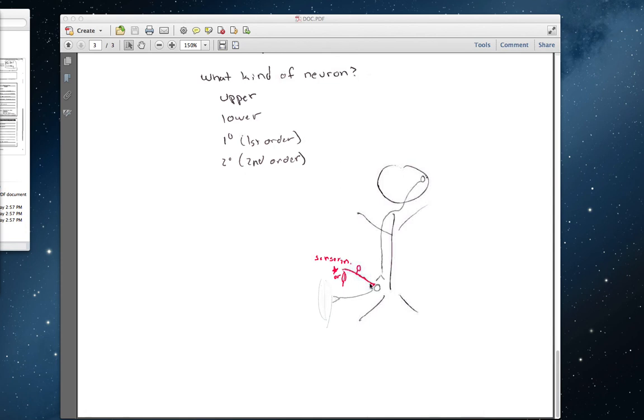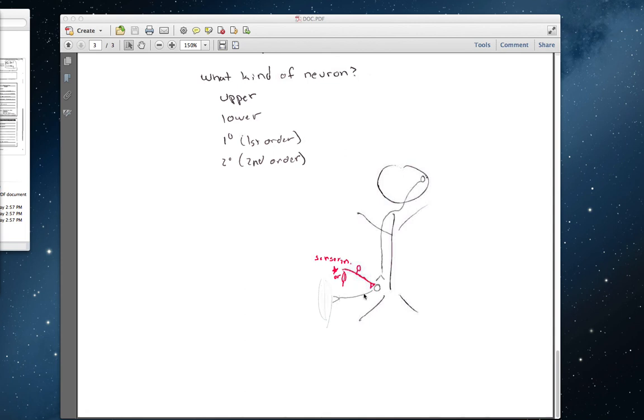A sensory neuron comes in, projects, and synapses onto an alpha motor neuron. So now this is still intact. The alpha motor neuron is still around. The sensory neuron can carry information, stretch, pain, light touch, whatever it is, and that information can still come in and synapse onto those motor neurons. So this reflex pathway is still intact.